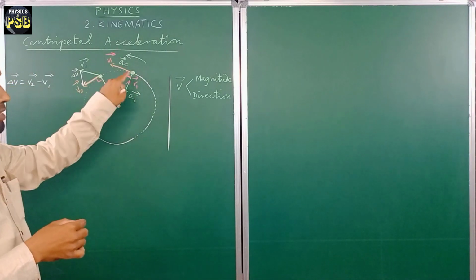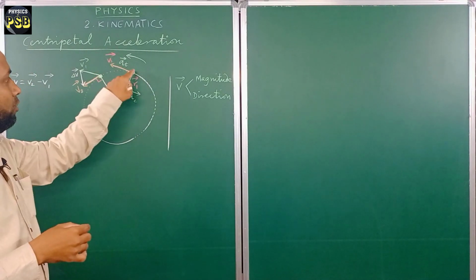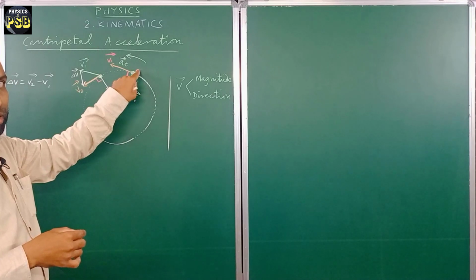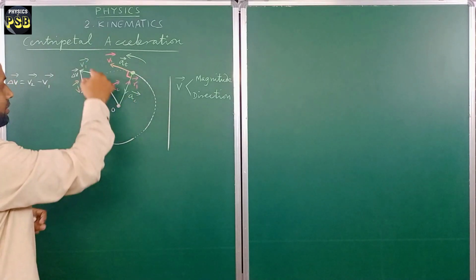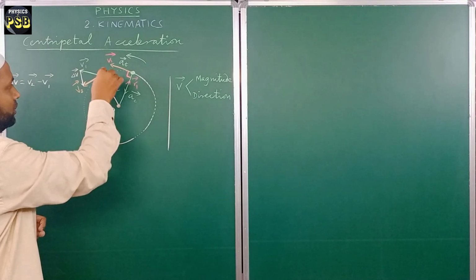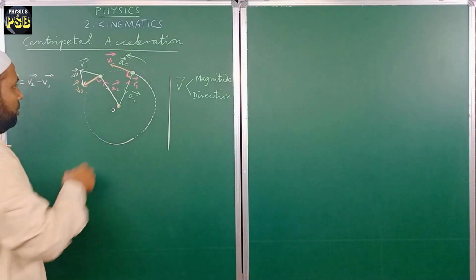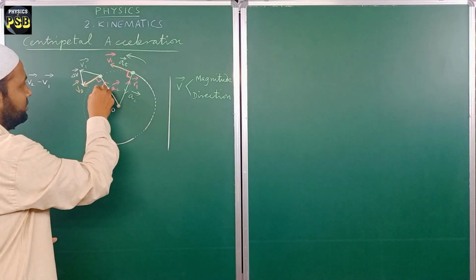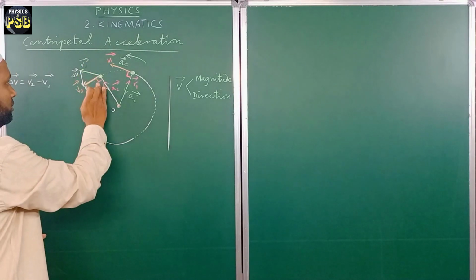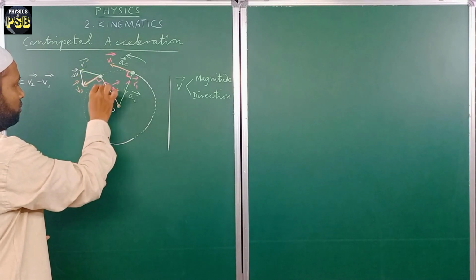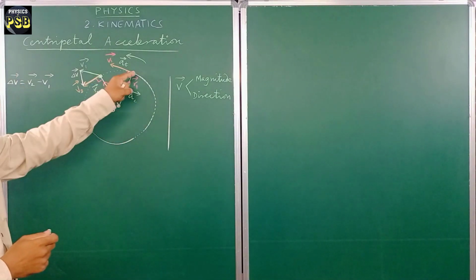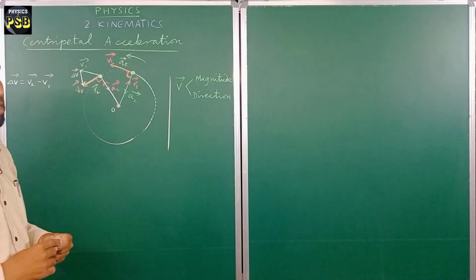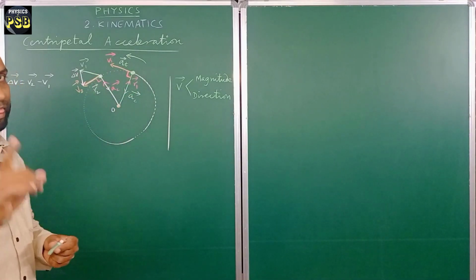This provides the position of the object at one point, and this line gives the position of the object at another instant. This is represented as R2. Here R1 vector and R2 vector provide the positions of the object moving in the circular path.